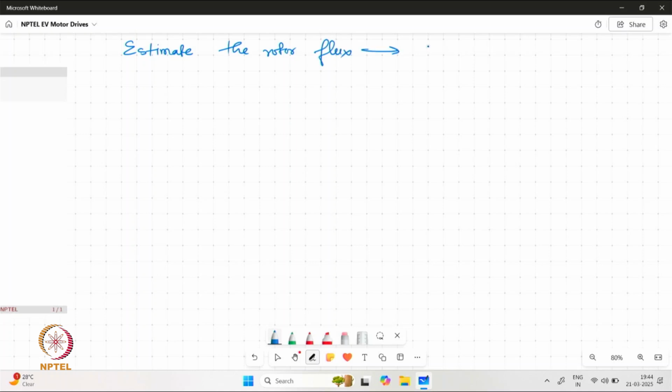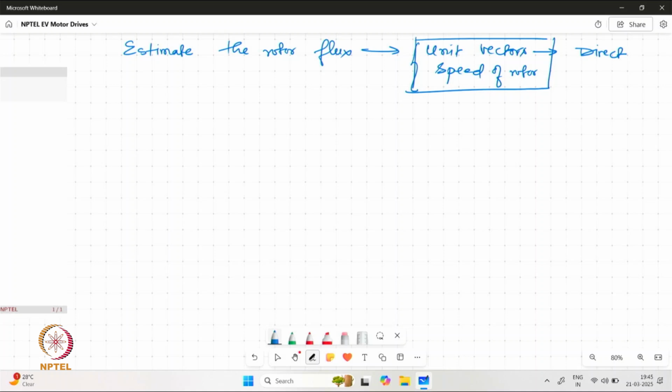and then we need to come up with the unit vectors on the basis of this estimated rotor flux, and of course the unit vector as well as the speed of the rotor as well as the synchronous speed, and this method is basically called direct vector control.